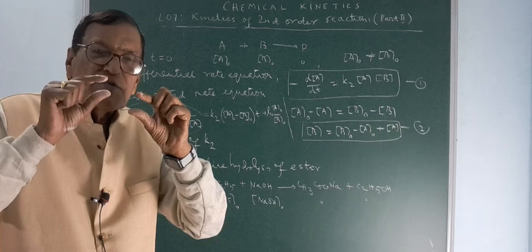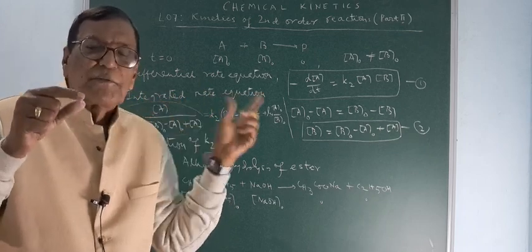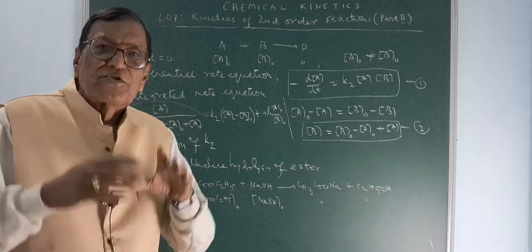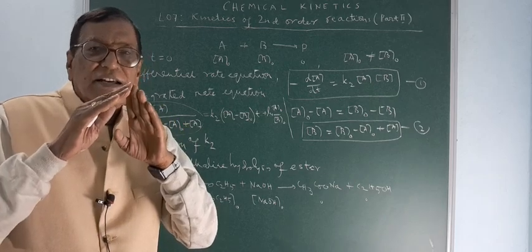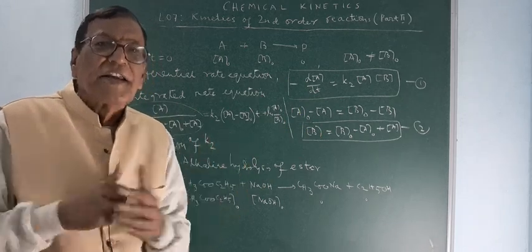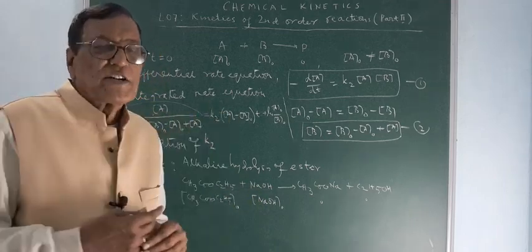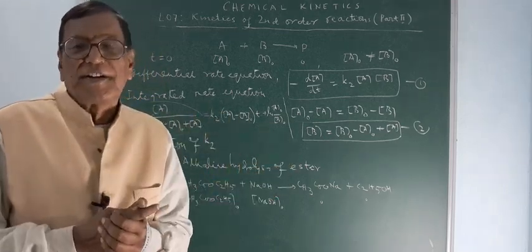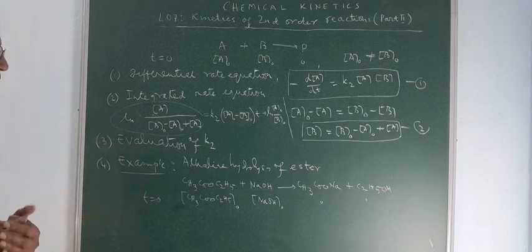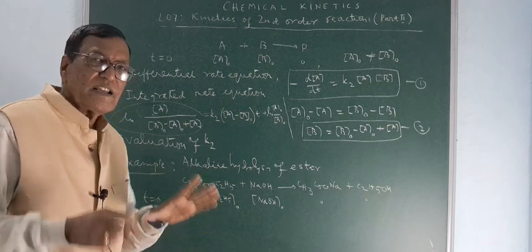So an adequate amount, say 10 ml, is pipetted out from the reaction mixture and added to ice cold water so that the reaction is stopped, freezing the reaction, and then the remaining sodium hydroxide is titrated by standard oxalic acid using phenolphthalein indicator. So this is one good example for this reaction where these two are not equal.